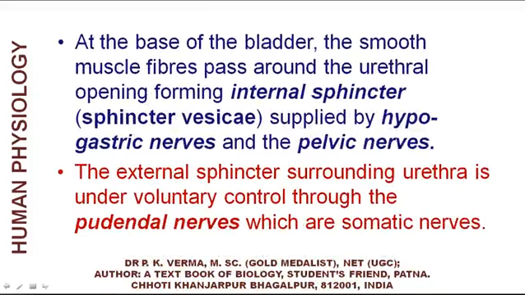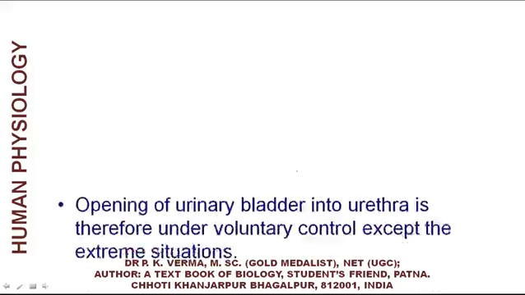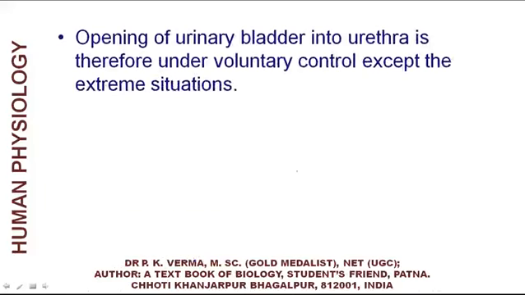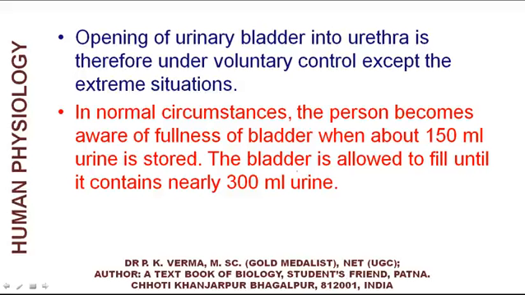The external sphincter surrounding urethra is under voluntary control through the pudendal nerves, which are somatic nerves. Opening of the urinary bladder into urethra is therefore under voluntary control except in extreme situations.